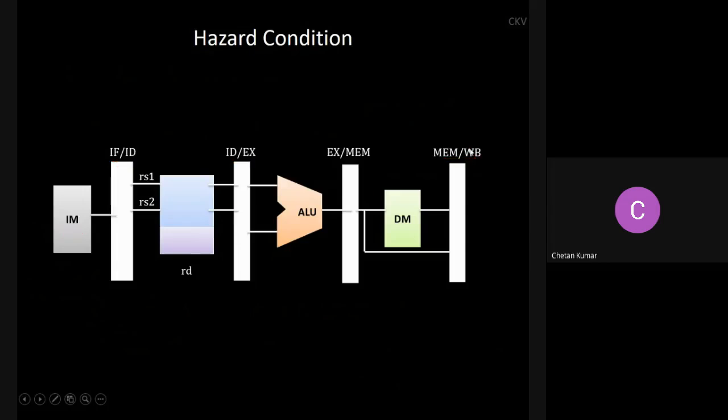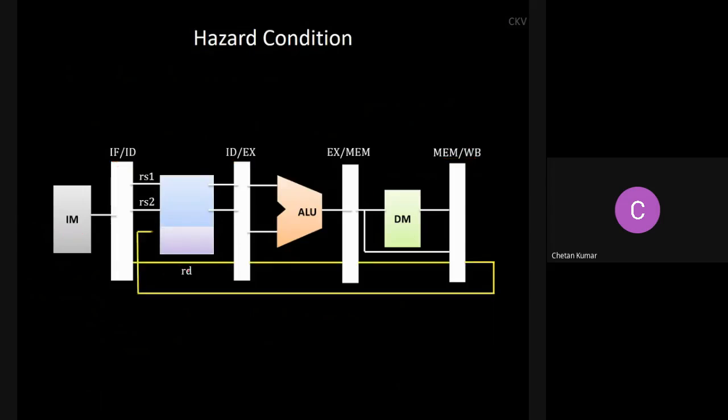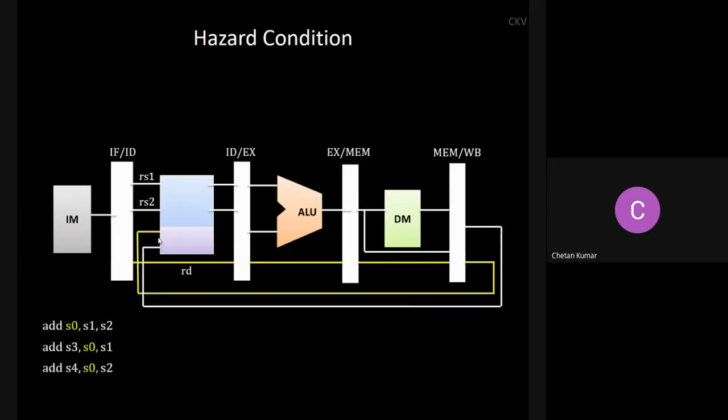Now let us assume some instructions. And this is the write register, which you know has to go through the different stages, and the write register number will be routed from the MEM/WB pipeline register to this point. Now let us assume that these instructions are available. Now, one clock cycle at a time, we'll try to analyze and see what is happening. For that, we'll assume some initial data also.